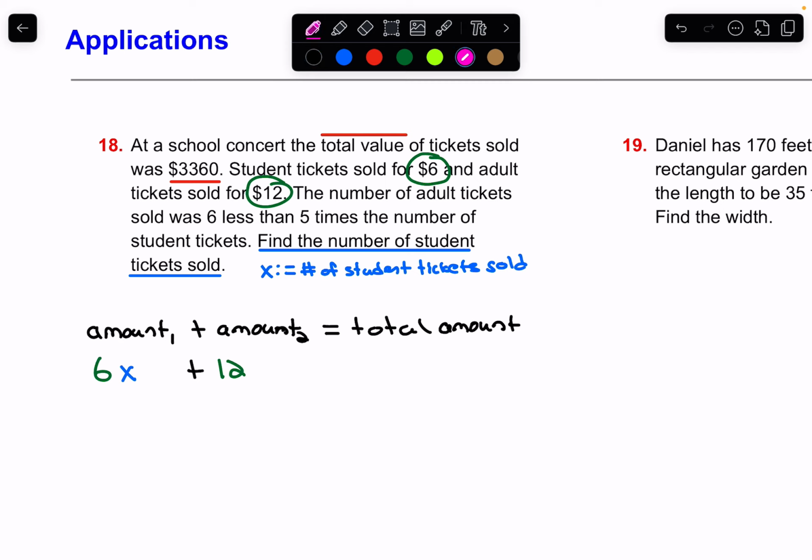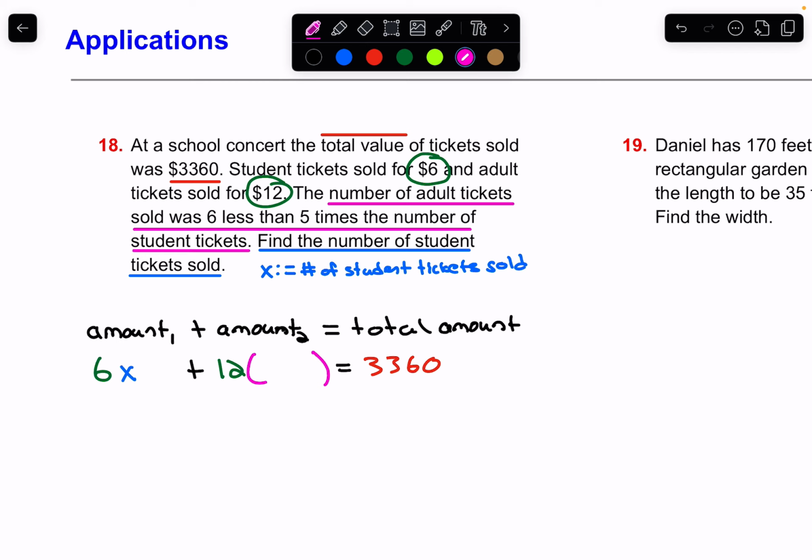So for right now, I'm going to just put a set of parentheses, but we'll come back to that. And on the other side, this is going to be equal to the total amount, which was $3,360. Okay, so now that set of parentheses, we need to multiply 12 by the number of adult tickets sold. And the number of adult tickets sold was 6 less than 5 times the number of student tickets.